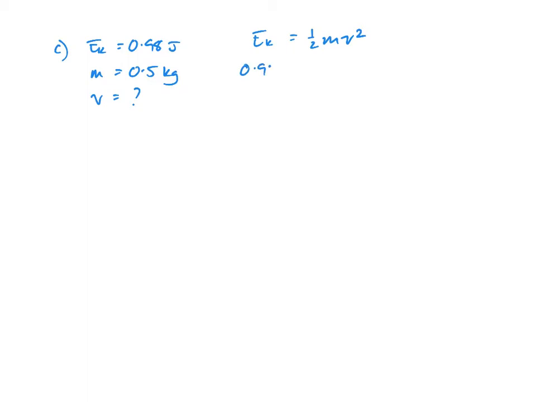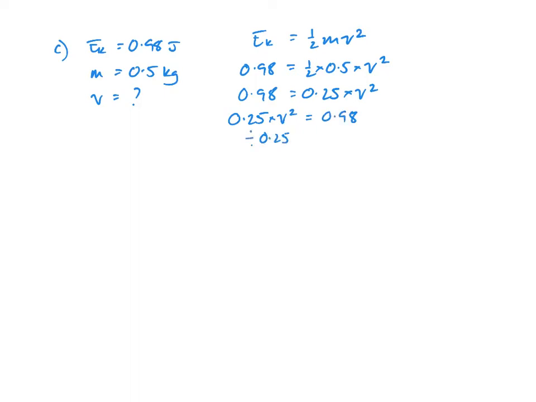So 0.98 equals a half times 0.5 times v squared. Simplify what you can. Swap sides. And then get v squared on its own.